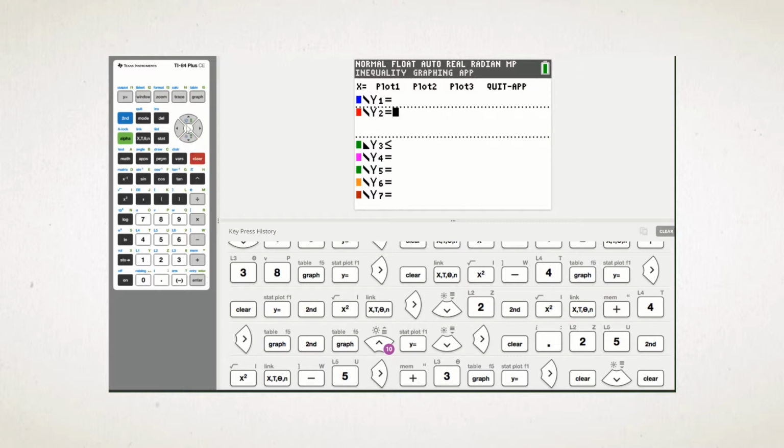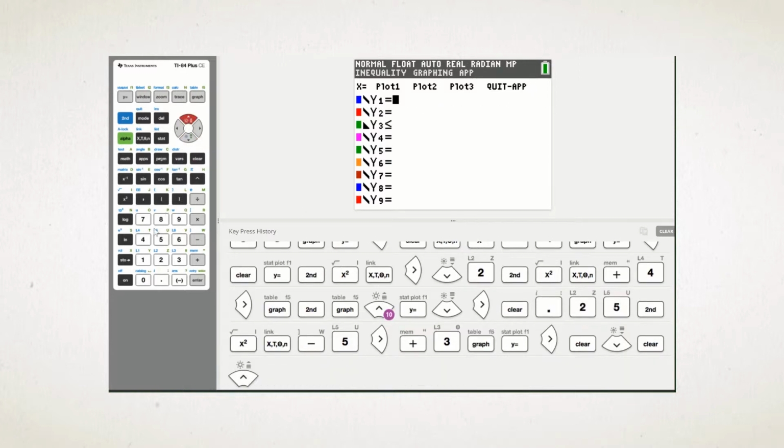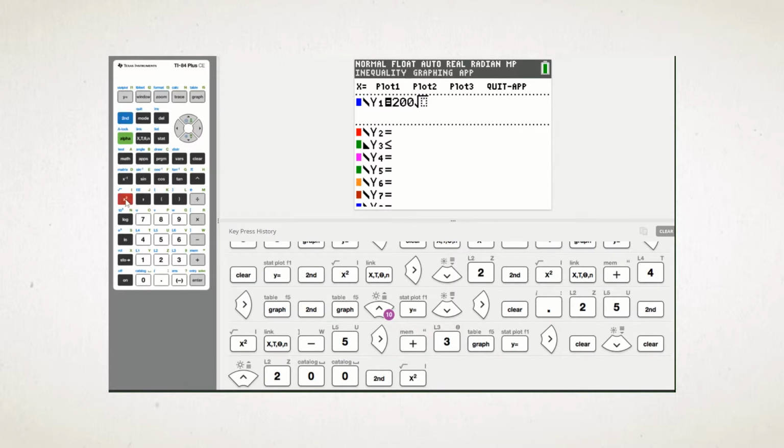We'll clear this. And so we've got a function that is 200 times the square root of, we're going to use x instead of t. And then we have to put some limitations on this. So I'm going to hit second parentheses, which gives me a bracket, so that 0 is less than or equal to t.